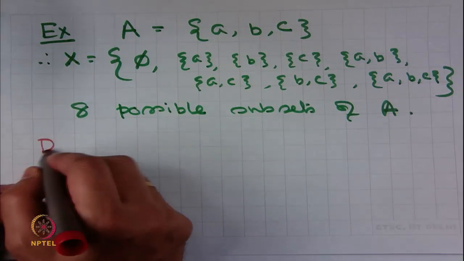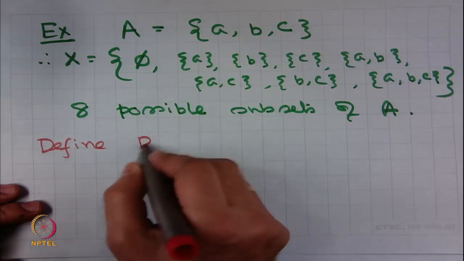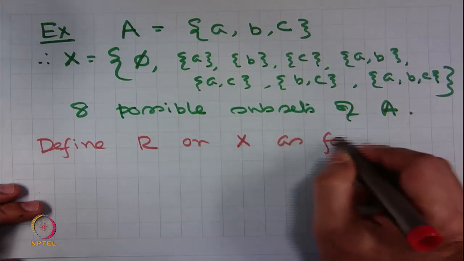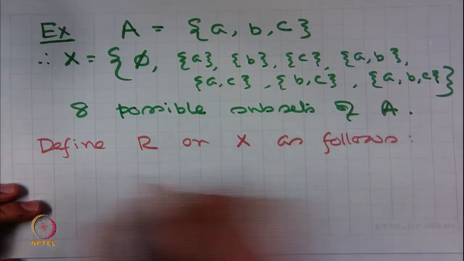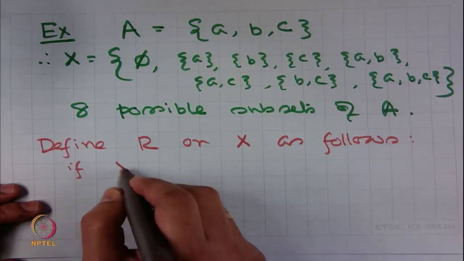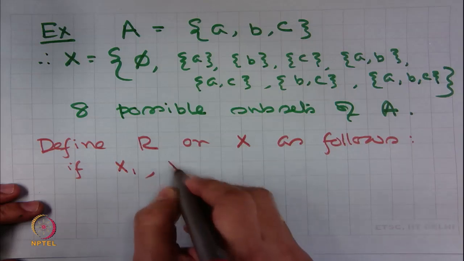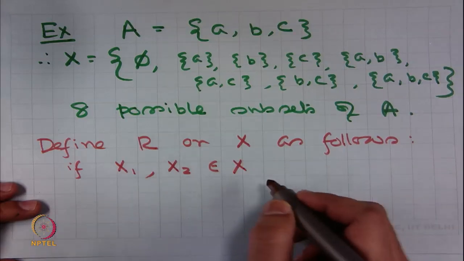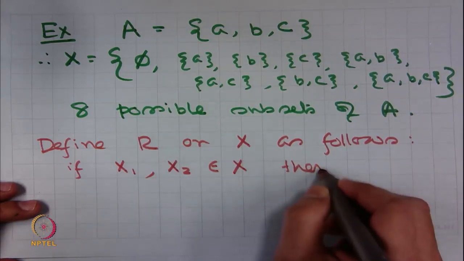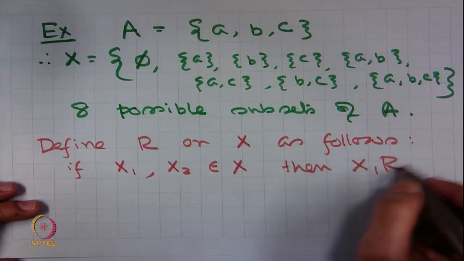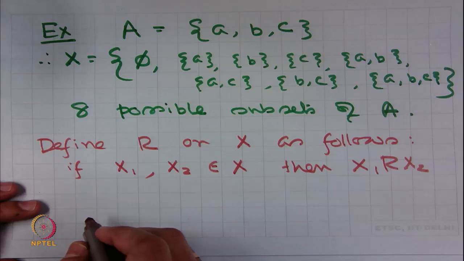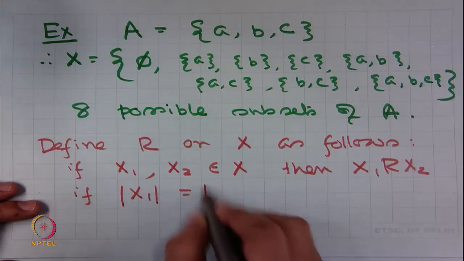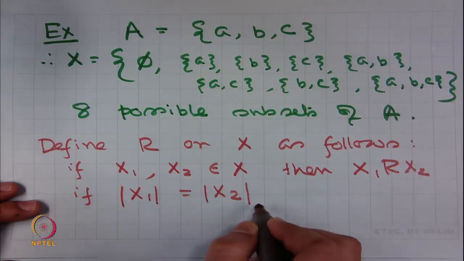We define R on X as follows: if x1, x2 are contained in X, then x1 is related to x2 if cardinality of x1 is equal to cardinality of x2.